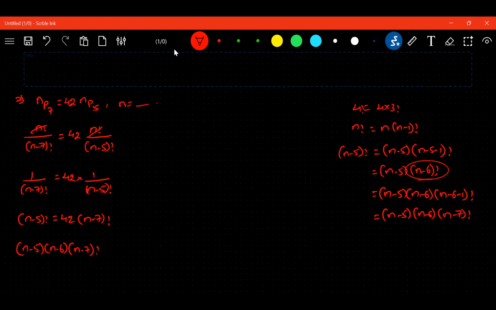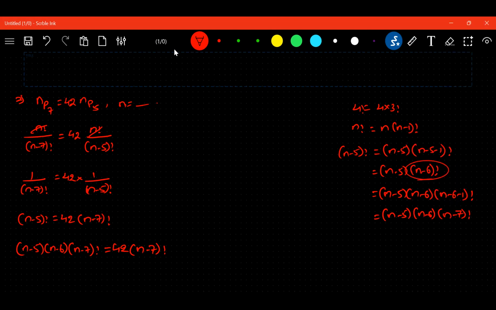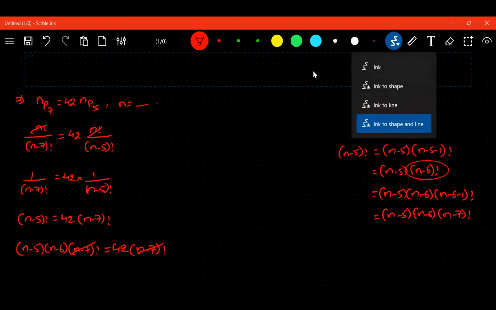So that's what this step is, equal to 42 into n minus 7 factorial. I hope you have understood it. I need the response from other students also. If you are able to understand, please respond to me. Understood. Right. So n minus 7 factorial and n minus 7 factorial got cancelled. Right? Yes, sir.